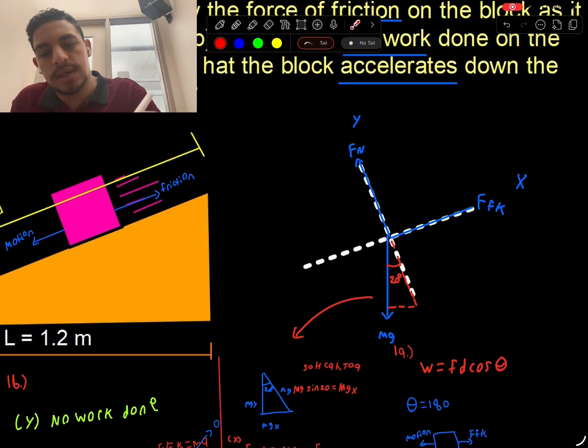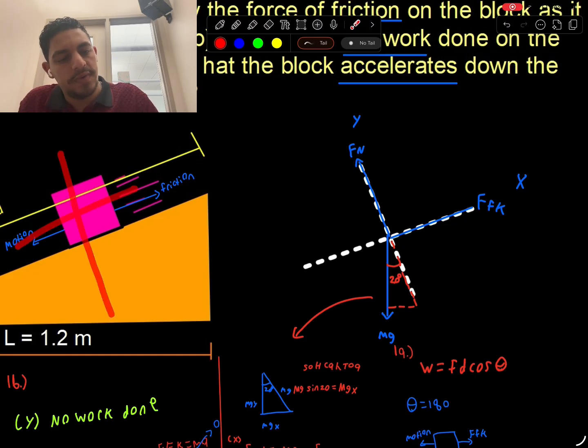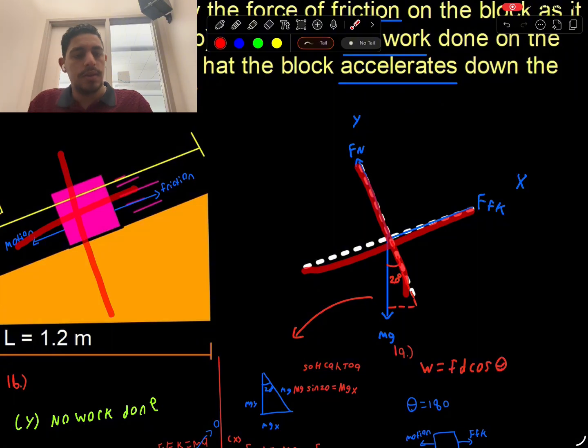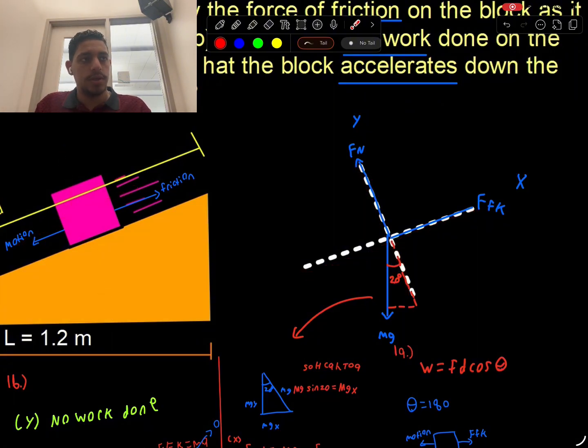That way it makes your life a lot easier, and you're not splitting everything into its component parts. You're treating the normal force, which is always perpendicular to the surface, and you're keeping this perpendicular to the surface. And then the friction, just keep it parallel to the surface, right? That way you can call your normal force your y, and you can call your friction force your x. That makes it a lot easier.